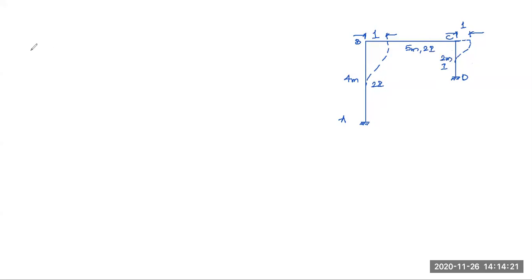Okay, so what is K33? I only require K33 in this case. K33 will be 12 EI by L cube. Okay, so here you have to push two members. One is BA and another is CD. So these two members have to be pushed by 1 unit.